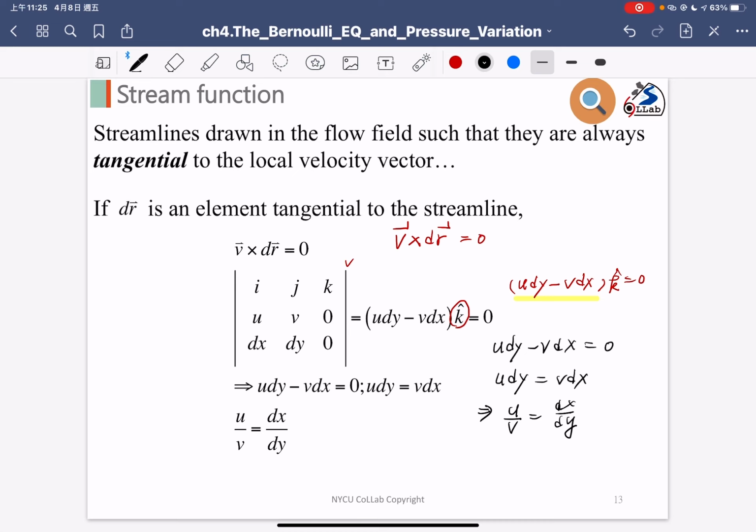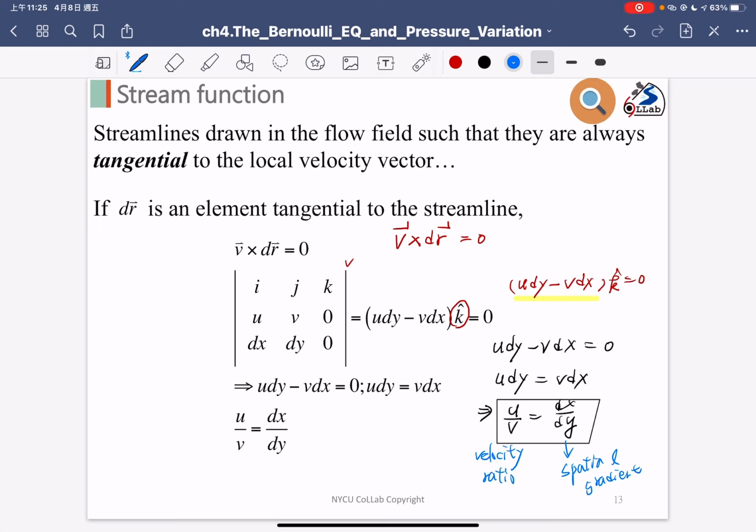Okay, so again, if we derive the formula, we can also see that the spatial gradient is equal to the velocity gradient, or velocity ratio.